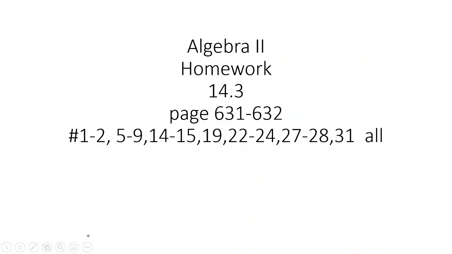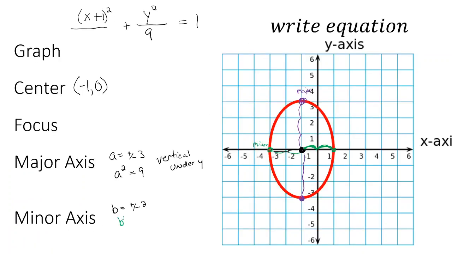So b squared equals 4. It's horizontal, which means it's under x. That's going to be 4, because it's not b, it's b squared. All right, then I also have to find the focal points. I'm not saying every question you have will ask for all these parts, I just want to cover everything.